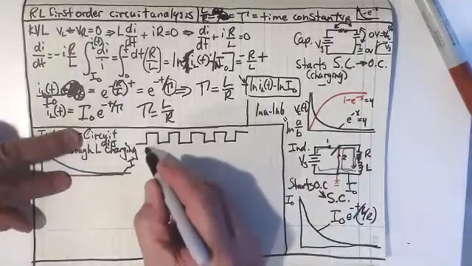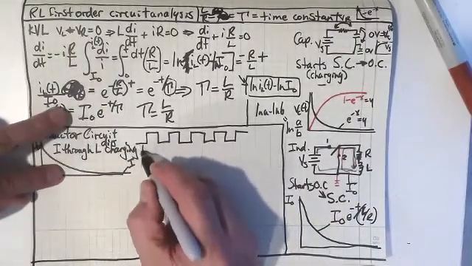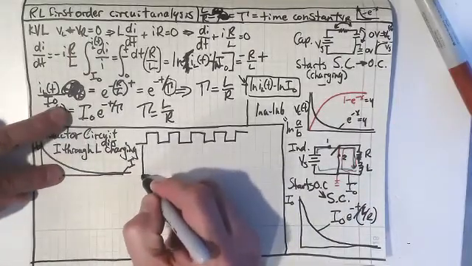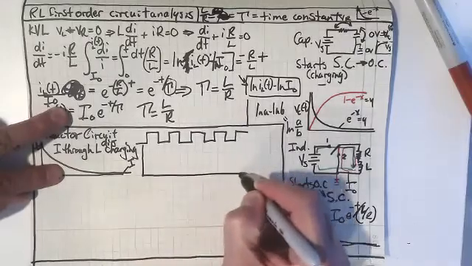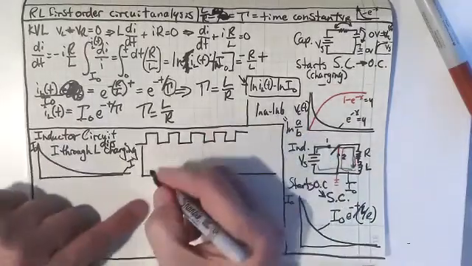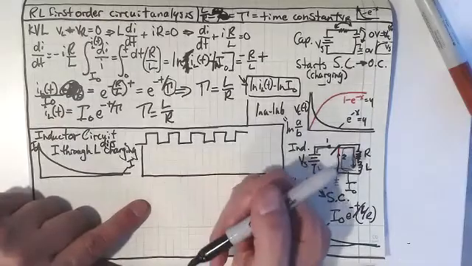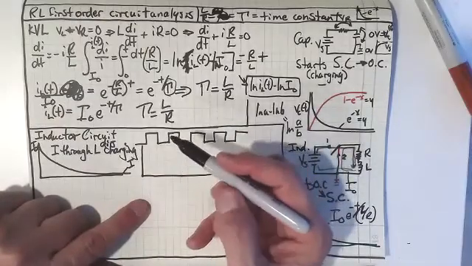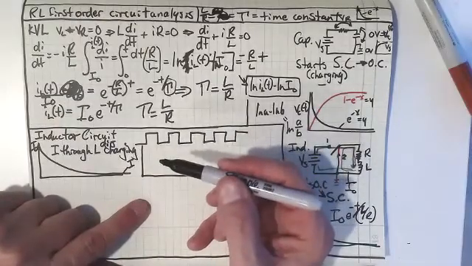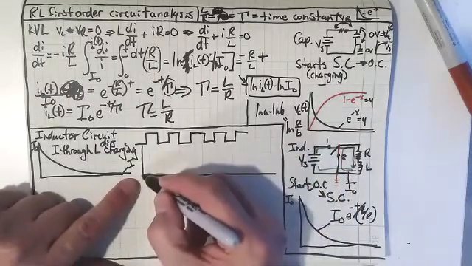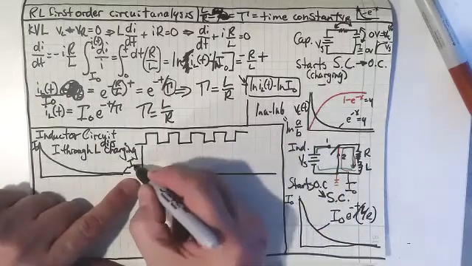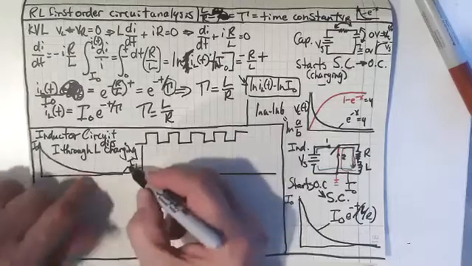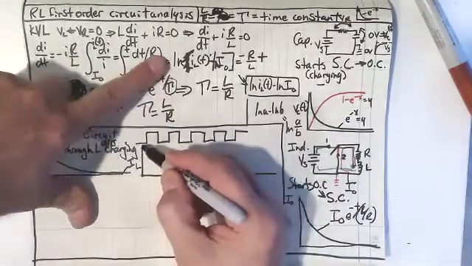So let's just draw a charging and discharging thing. I won't follow that, of course, but if I was to charge an inductor and I was looking at the current in the inductor, so this is the current through the inductor, the charging and discharging.